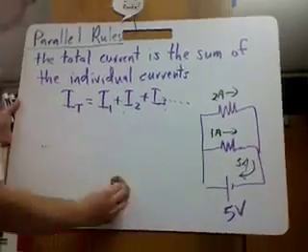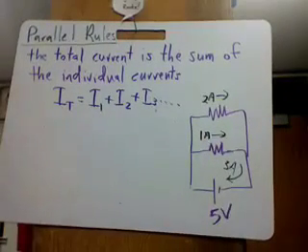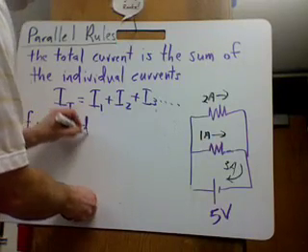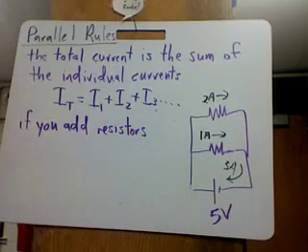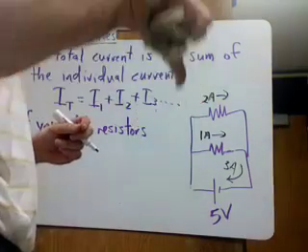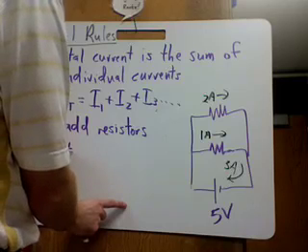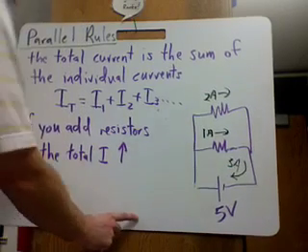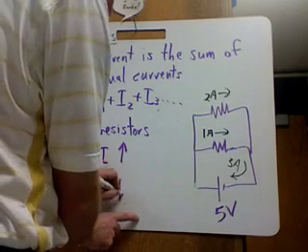The next thing we want to talk about is, what happens if we add resistors? In a parallel circuit, if you add resistors, the total current increases and the total resistance decreases.